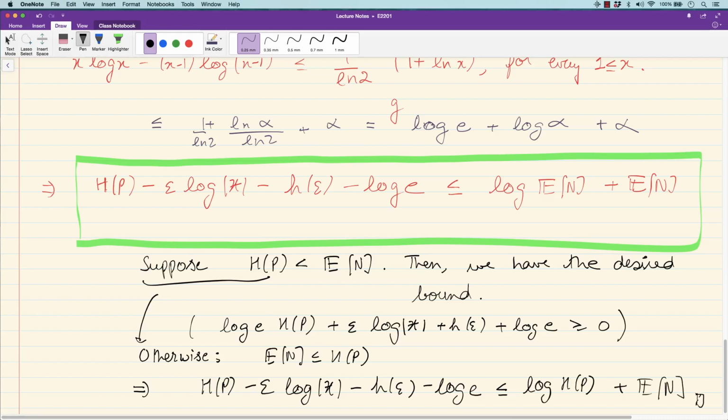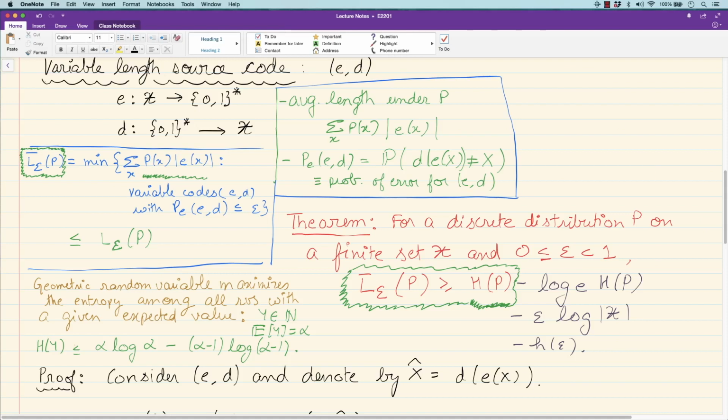And that's the bound we were looking for. So this is the proof. What we have shown is that this bound holds.